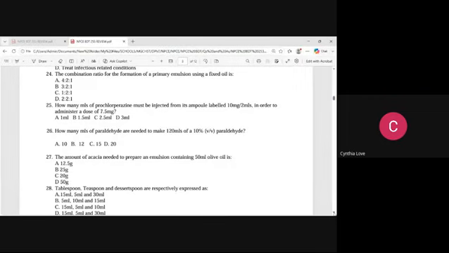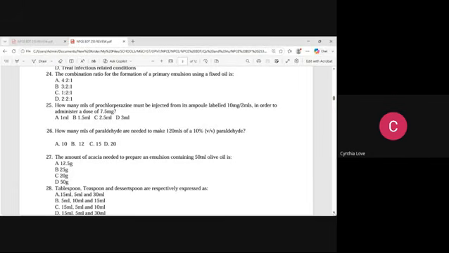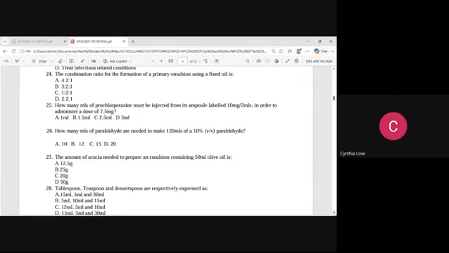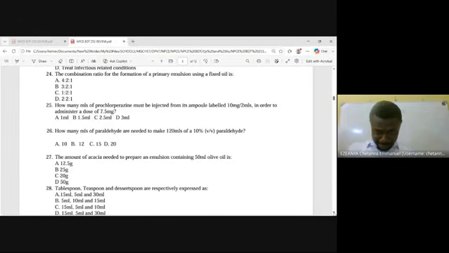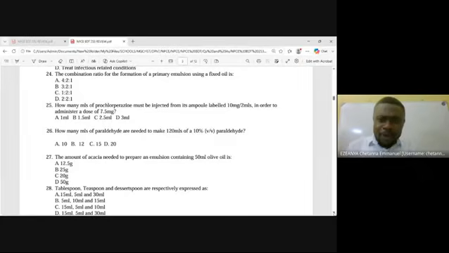Arachis oil. Another example. Peppermint? Cinnamon?